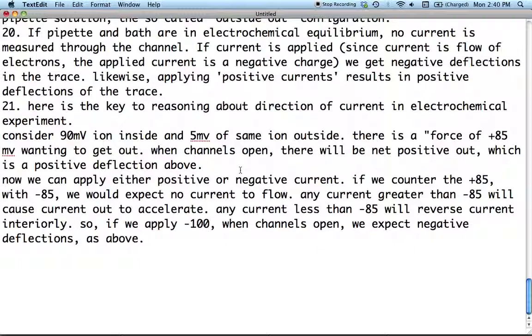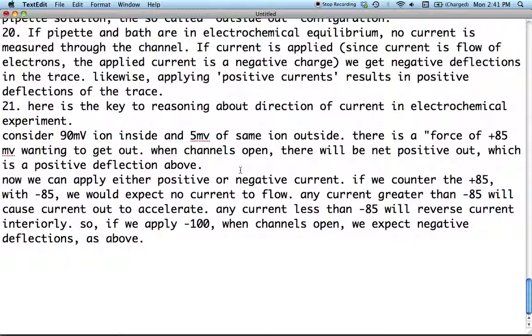So if you're measuring your potential against time as this happens, you're going to see negative deflections. At the same time, if you applied a positive current when the channel is open, you get a positive deflection. So this is not exactly rocket science here.